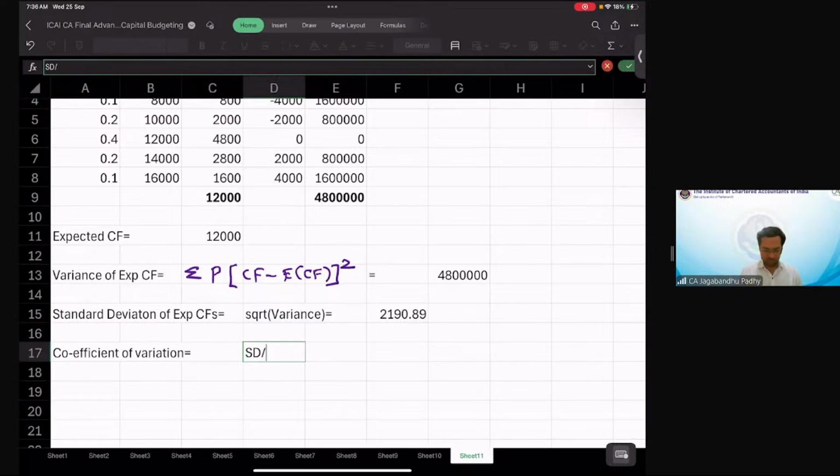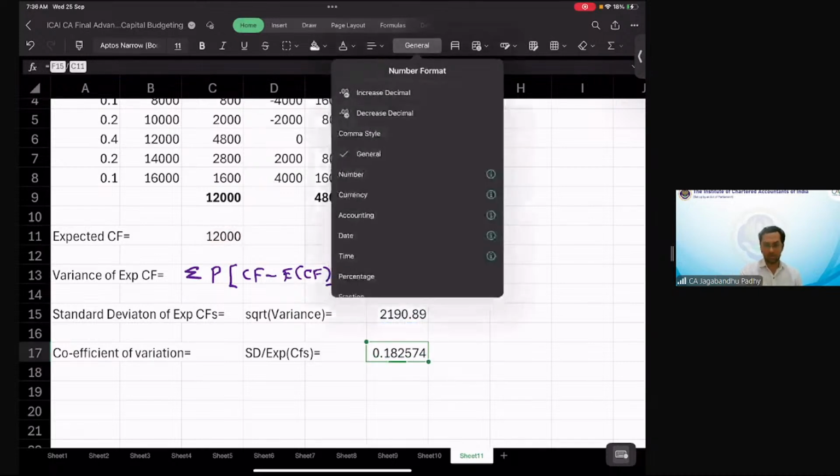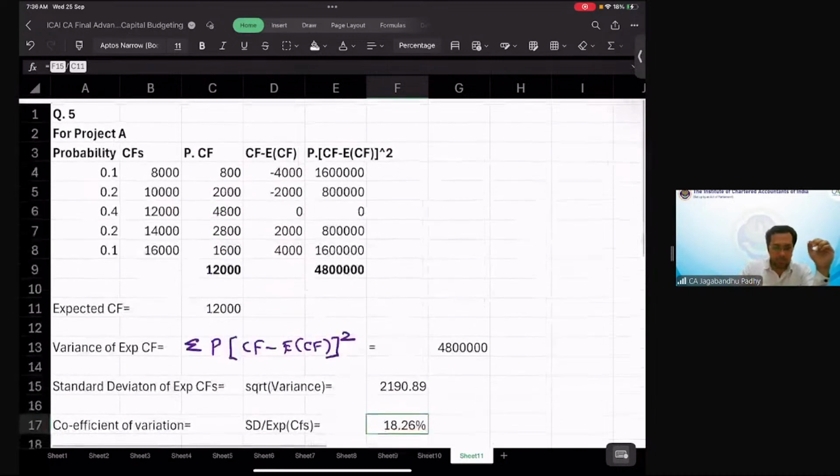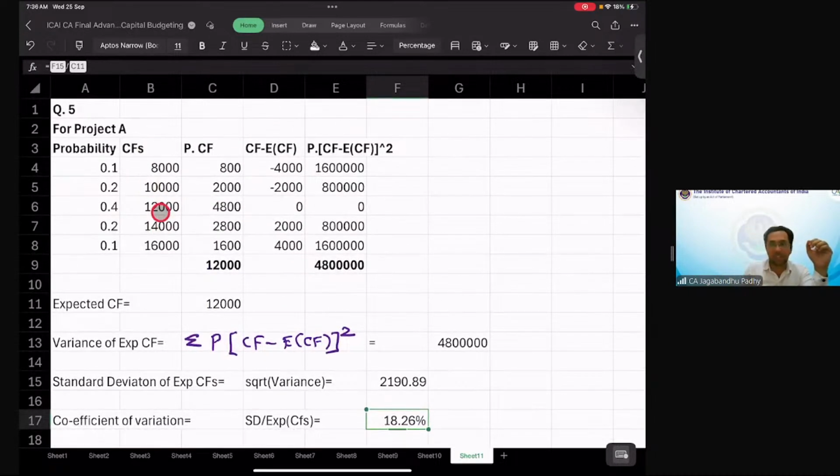There, you simply divide the standard deviation by the cash flows. And here you can say, okay, percentage terms 18.26. But standard deviation will have the same unit as your data.